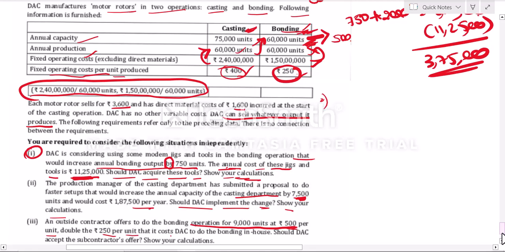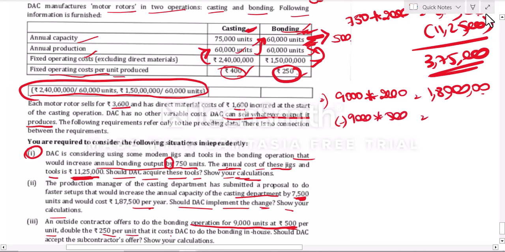How can we find out? If we sell 9,000 extra units, what is the contribution per unit? 2,000 rupees. So 9,000 into 2,000 is 1 crore 80 lakh, minus the extra cost we are incurring, 500 per unit, that is 9,000 into 500. What is the amount?